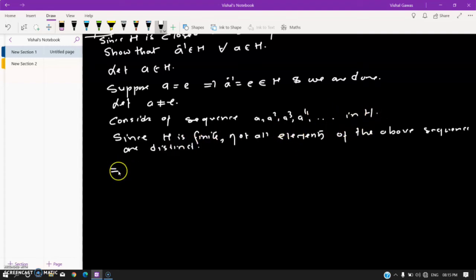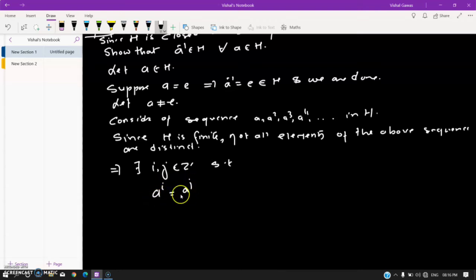So this implies that there exist i, j in Z, well, you can take N also, it doesn't really matter, such that A raised to i is the same as A raised to j.